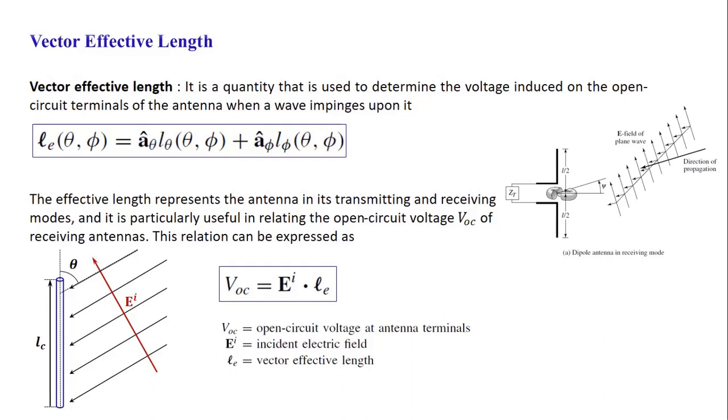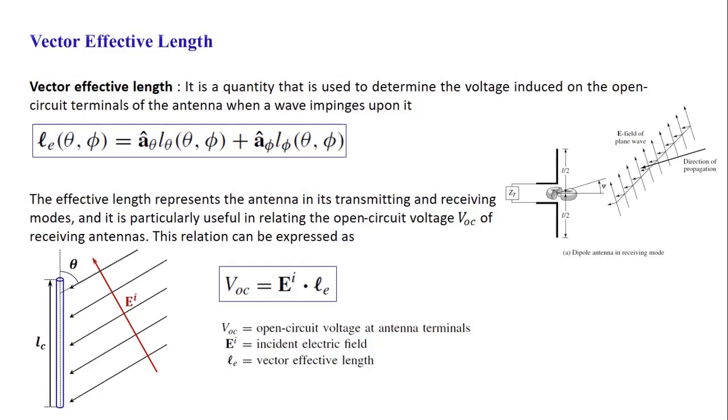These equivalent quantities are used to describe the receiving characteristics of an antenna, whether it might be a linear antenna or aperture type of antenna. So starting with the vector effective length, or it is also called the antenna's effective height sometimes. The vector effective length can be defined as the quantity that is used to determine the voltage induced on the open circuit terminals of the antenna whenever the waves are incident on the antenna.